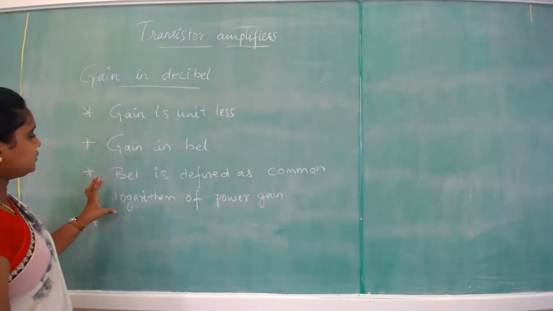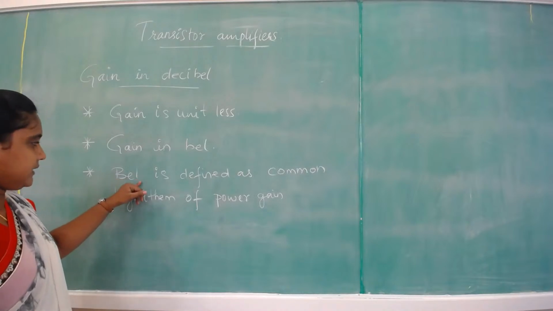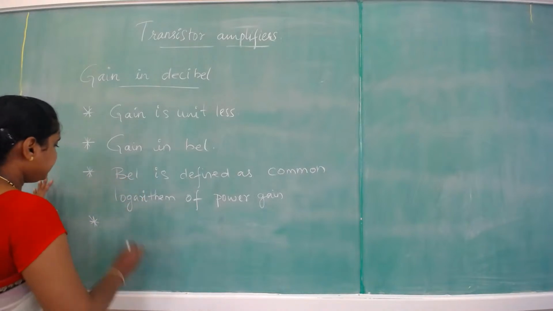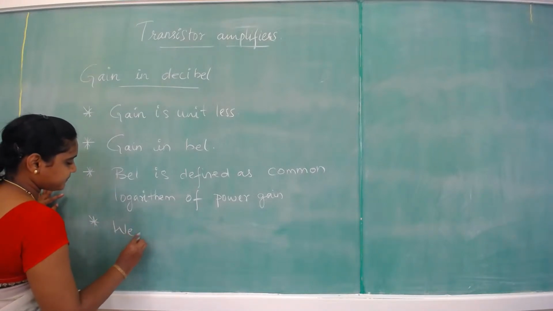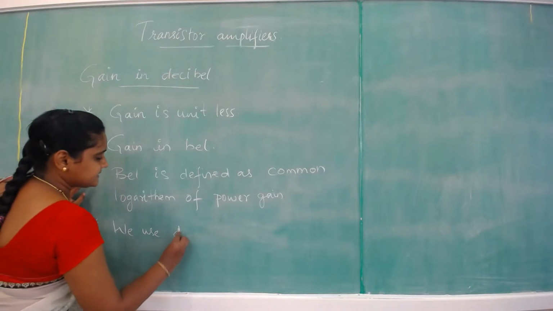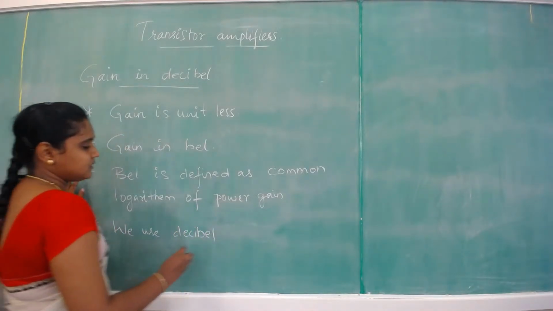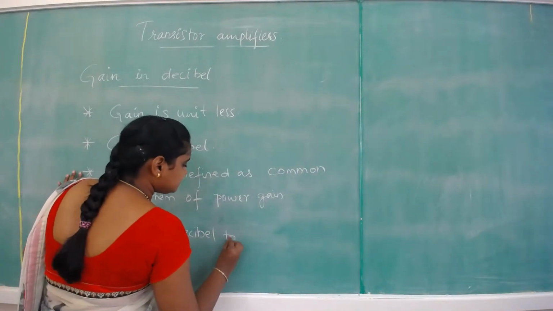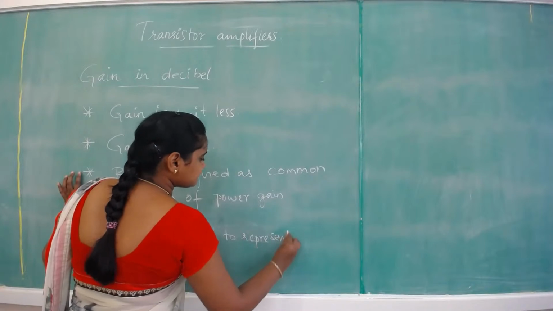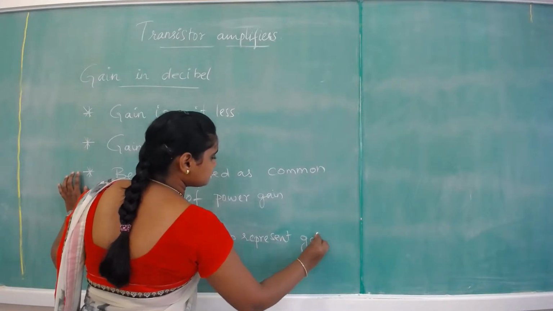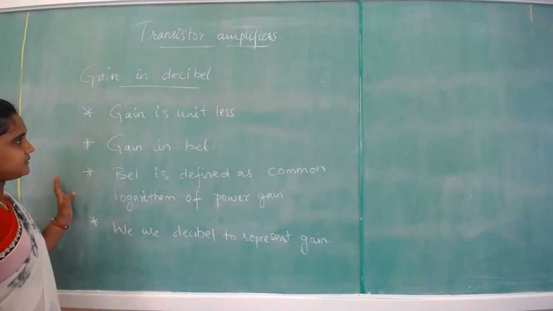One more thing you need to observe here is that bel is a very large quantity. That's why we use decibel to represent gain.